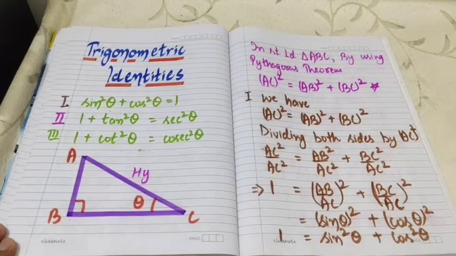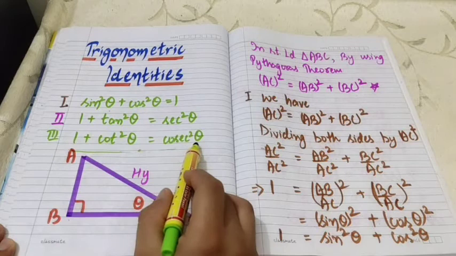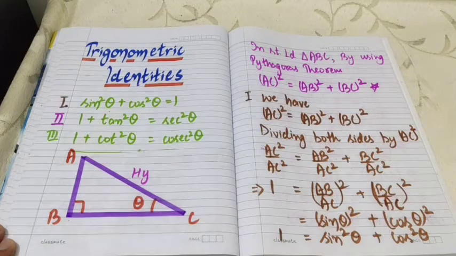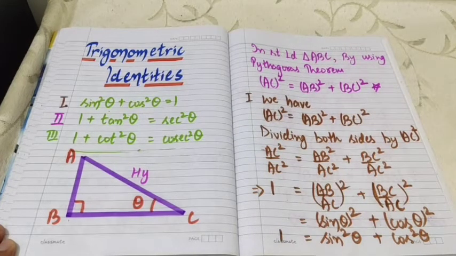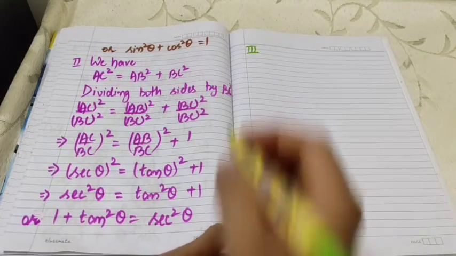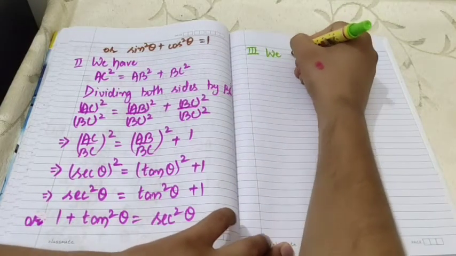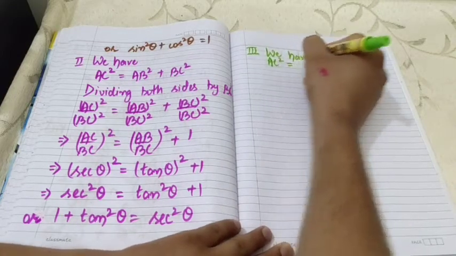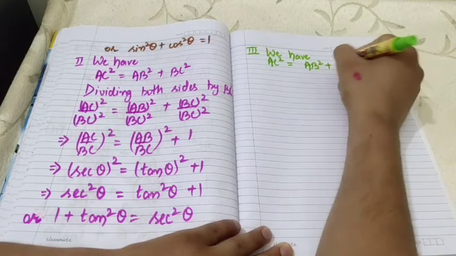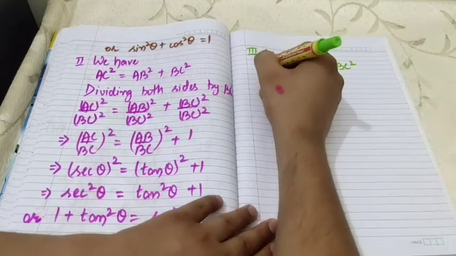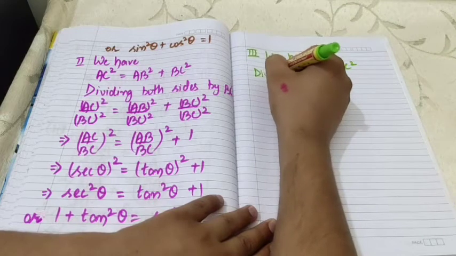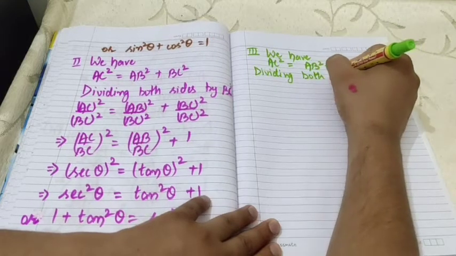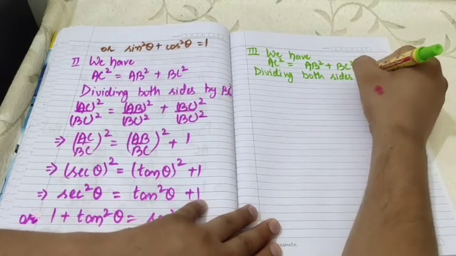And students, similarly the third relation, or you can say the third trigonometric identity, can be derived very easily by dividing both sides by AB square. For the third one, we start in a similar way, that we have the relation AC square equals AB square plus BC square, that is from the Pythagoras theorem, and we divide both sides by AB square.